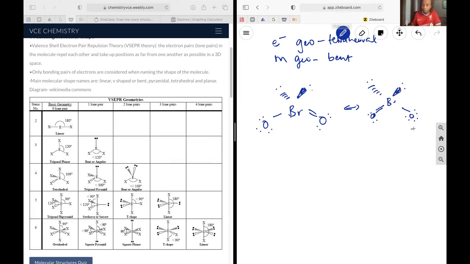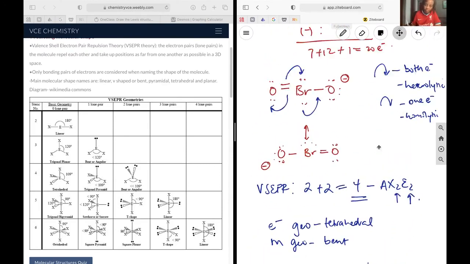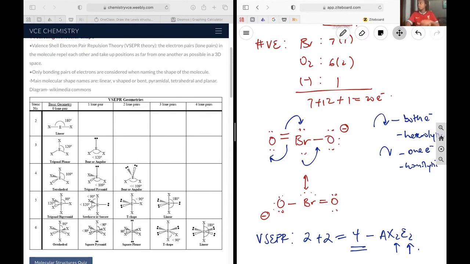Okay, and don't forget your minus charge. So those will be my 2 VSEPR structures.